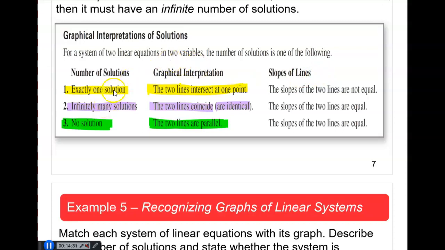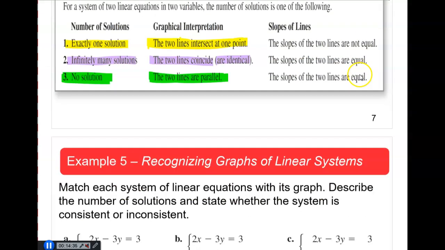What happens when you have exactly one solution? You have two lines that have nothing in common, so we say the slopes of the two lines are not equal. That's how you know you will have only one solution. How would you know if you're going to have infinitely many solutions without solving the system?